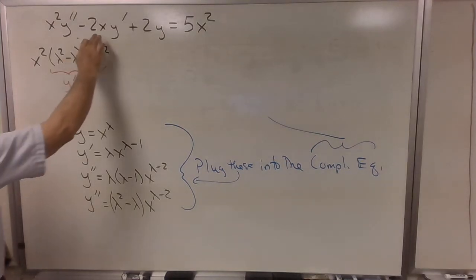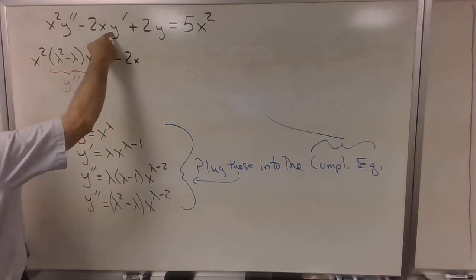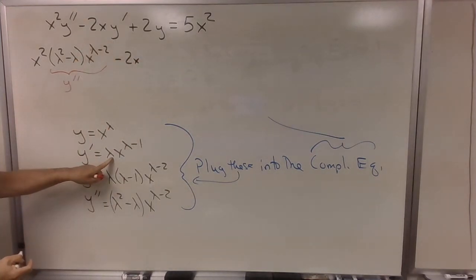Then we have minus 2x y prime, which is lambda x to the lambda minus 1.